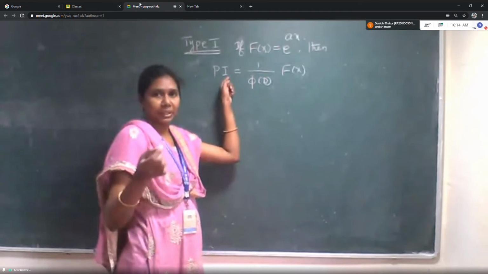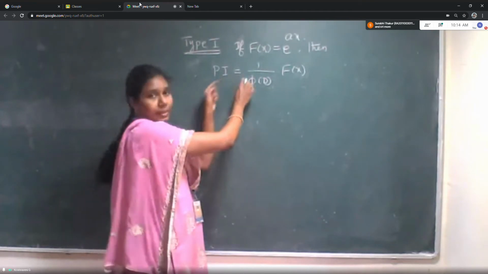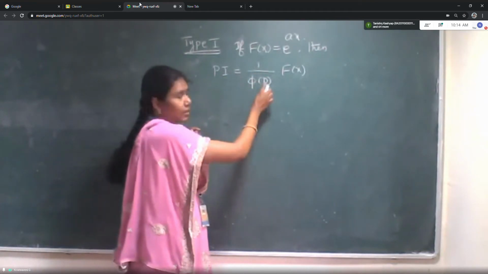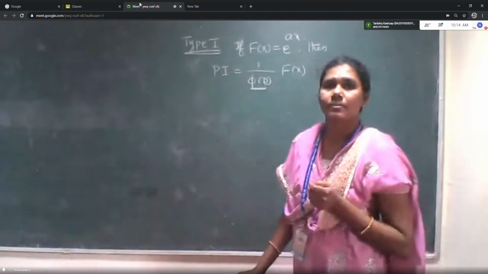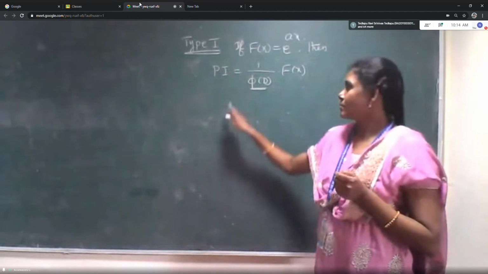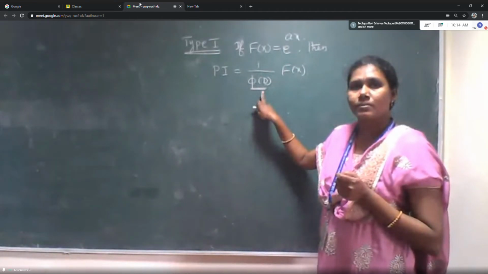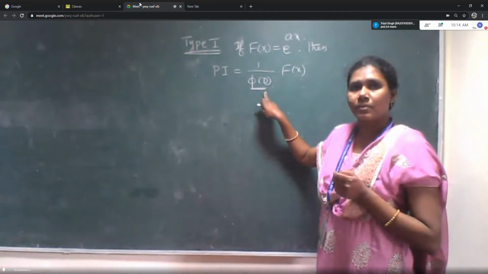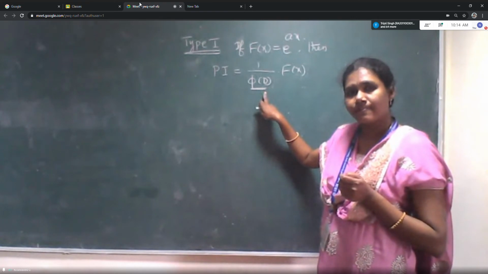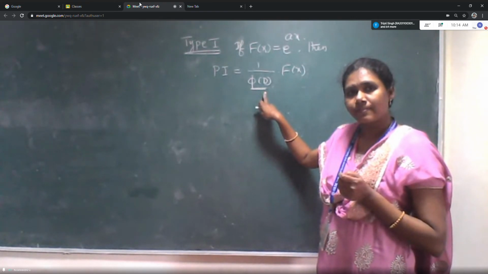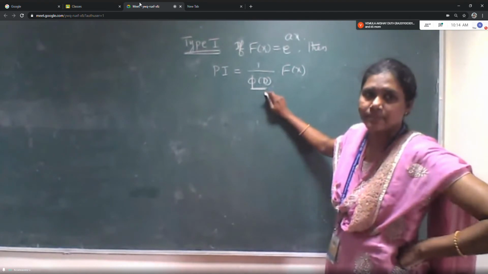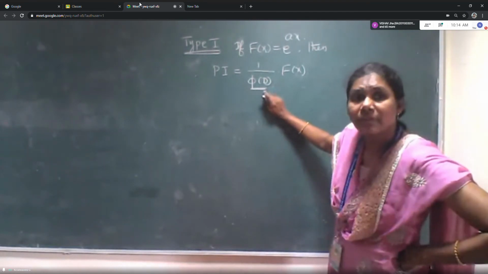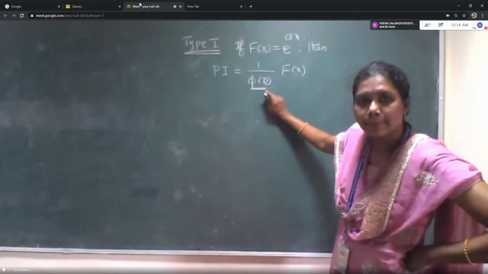when we find the particular integral, in the first step it is 1 by phi of D. What is this phi of D? Phi of D is the LHS.